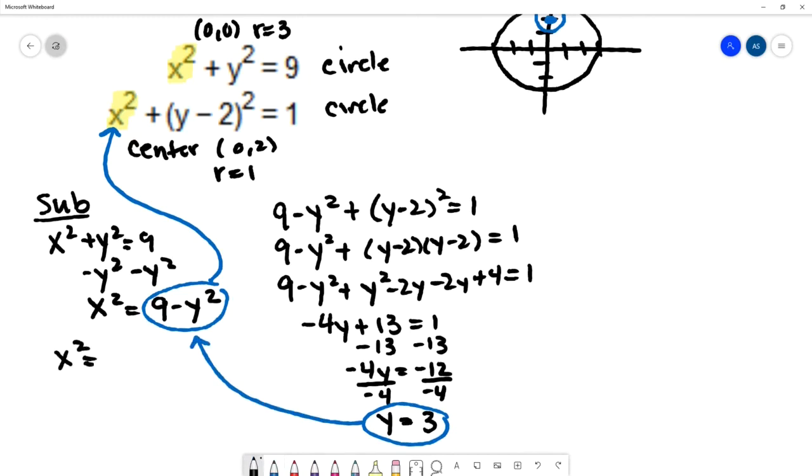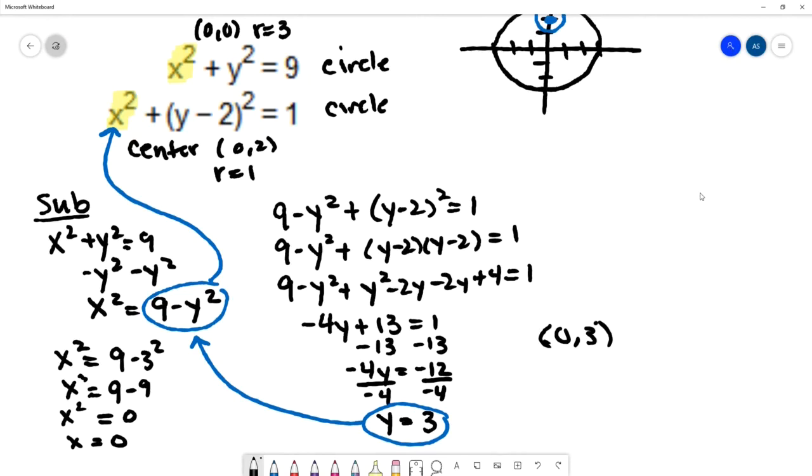That's x squared equals 9 minus 3 squared. 9 minus 9 is 0, so x squared equals 0, and that means x equals 0. So we've got our solution, 0, 3.